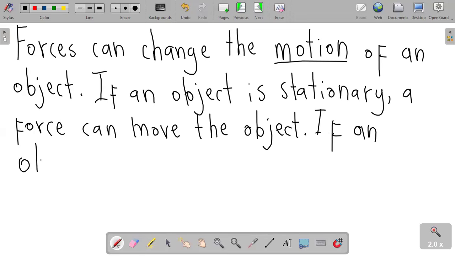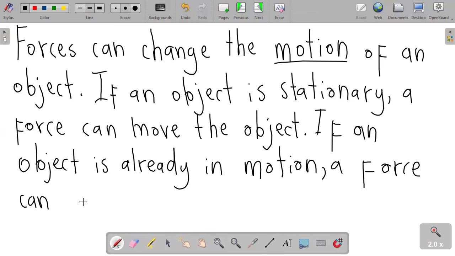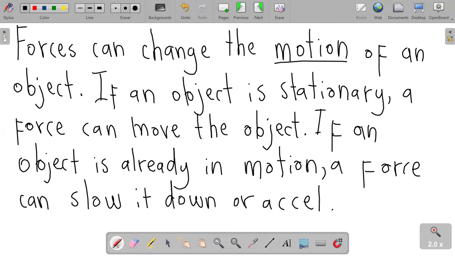If an object is already in motion, a force can slow it down or accelerate it.